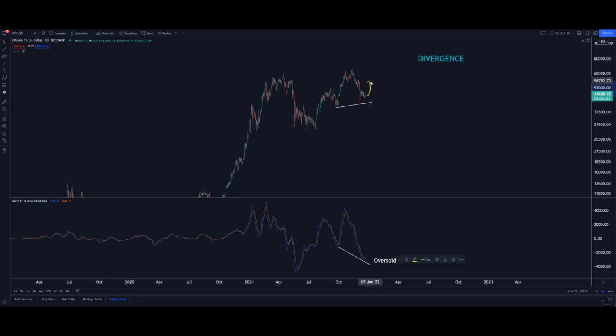And this rise in price is then going to clear the divergence, clear the oversold state. Now, as to whether this will lead to new all-time highs, that's for members to receive.